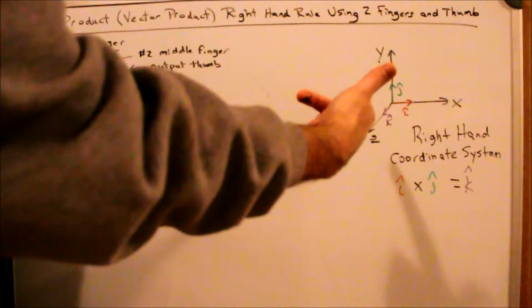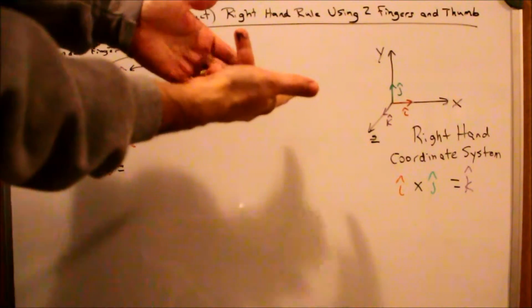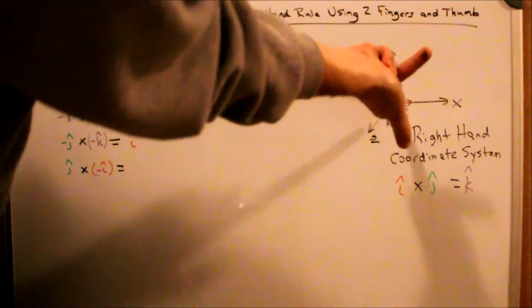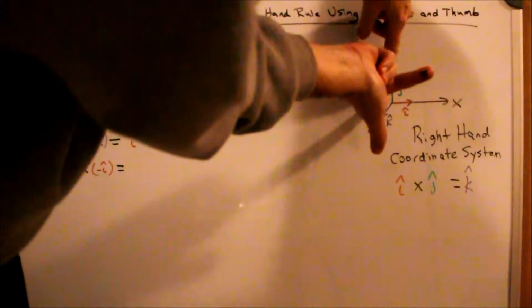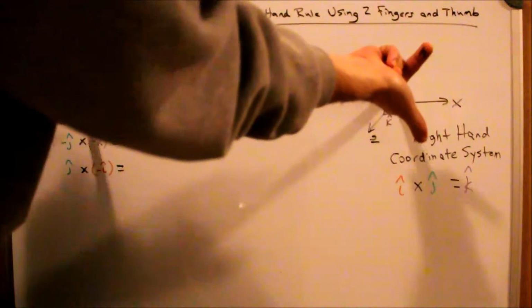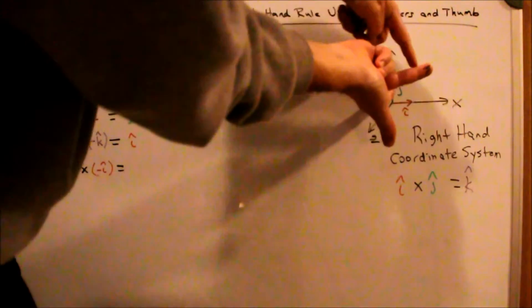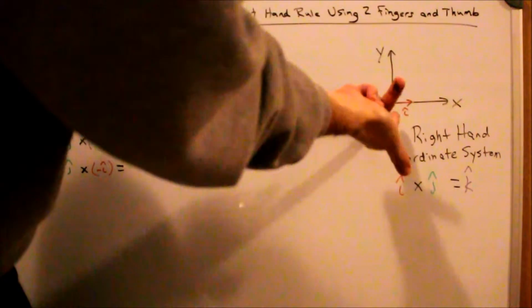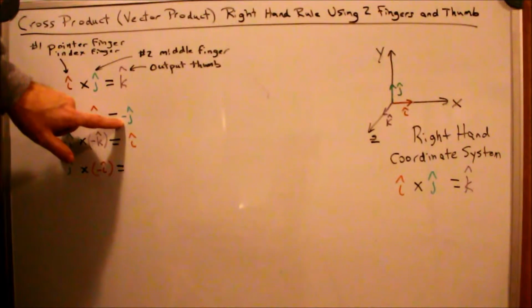Then my middle finger has to go in the i hat direction, so I have to spin it around. Now the first finger is into the board, the middle finger, the second term, is in the i hat direction, and you can see that my thumb is pointing down. So that's my output, in the minus j hat direction.